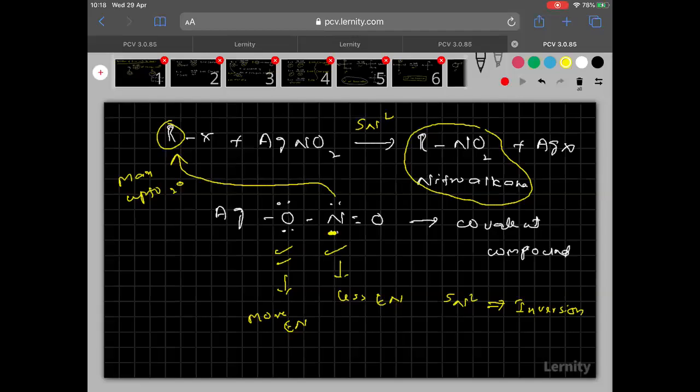Hope you are able to understand KCN, AgCN, KNO2, AgNO2, why the products are different and why the mechanism is SN2, all these things.